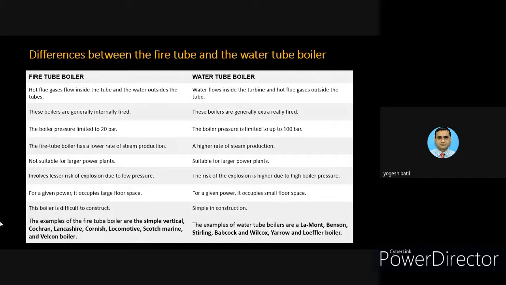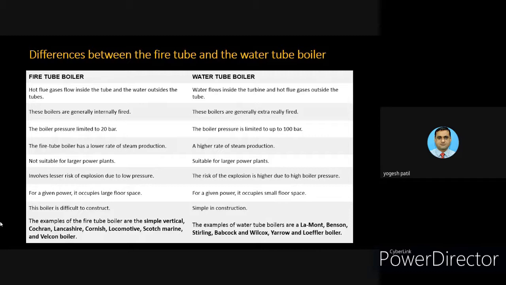From a construction point of view, some points are mentioned. The fire tube boiler is difficult to construct, as well as the water tube. On the other side, the water tube boiler is simple in construction, and the fire tube also takes large floor space compared to the water tube boiler.